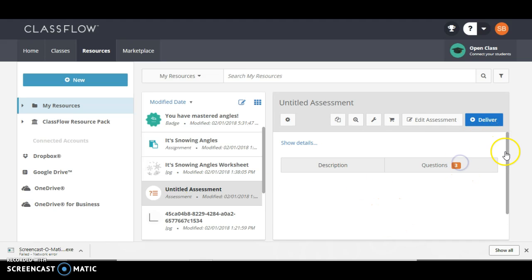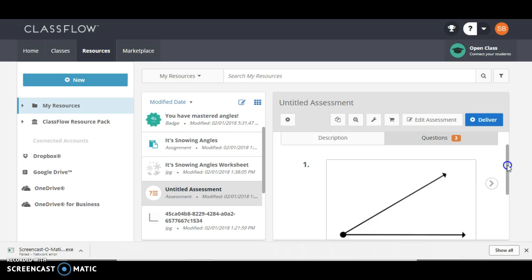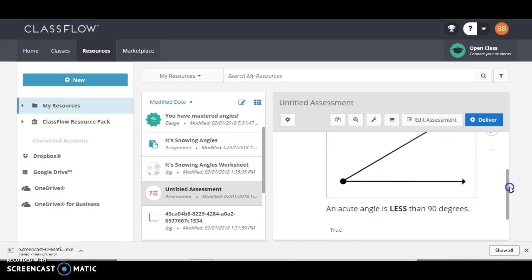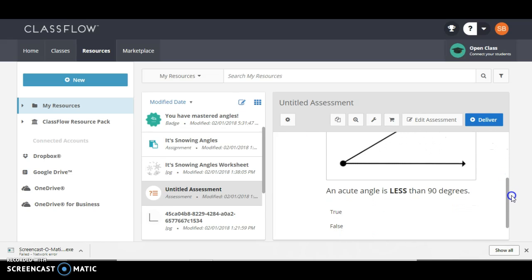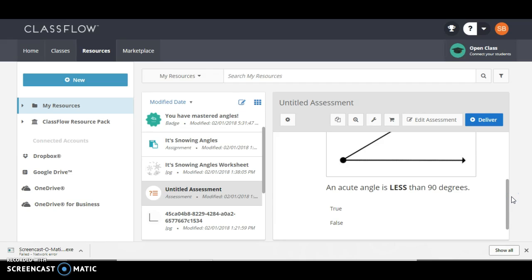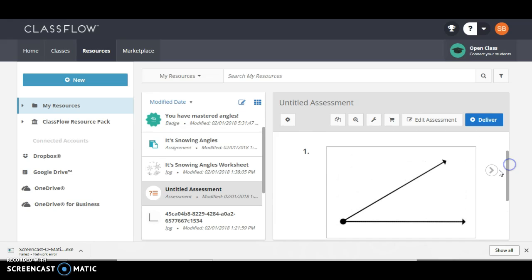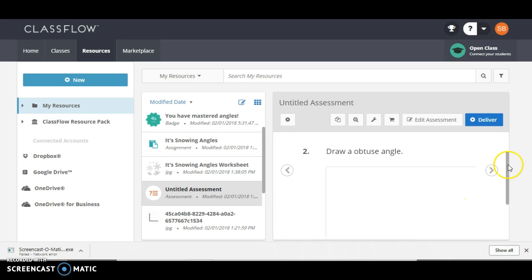There are 3 questions on this assessment, 3 different styles. The first one, they're given this picture and have to define whether or not an acute angle is less than 90 degrees, true or false. They'll give me their answer and move on to the next one, which has a free space to draw an obtuse angle.